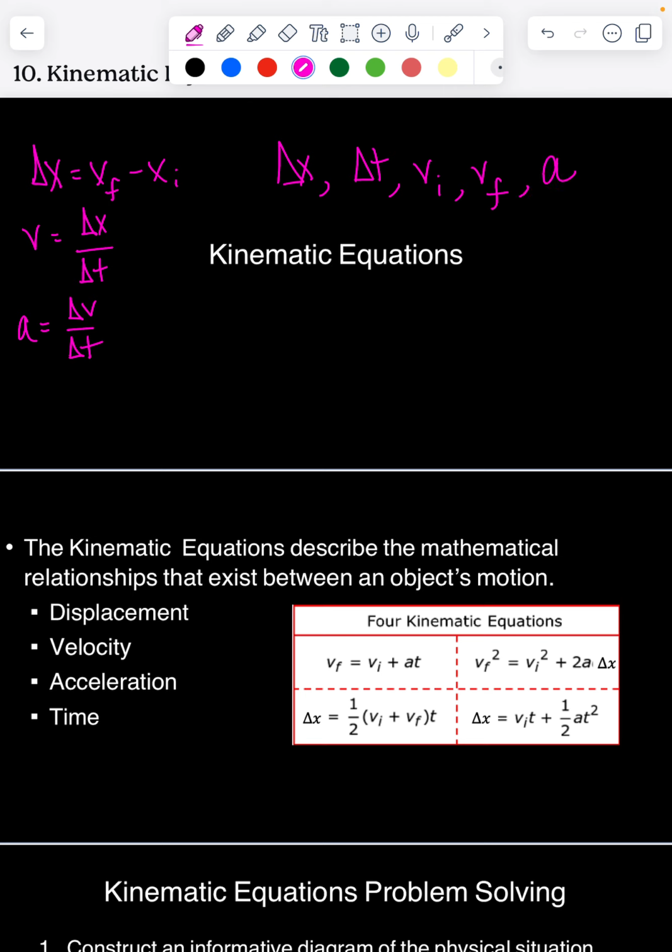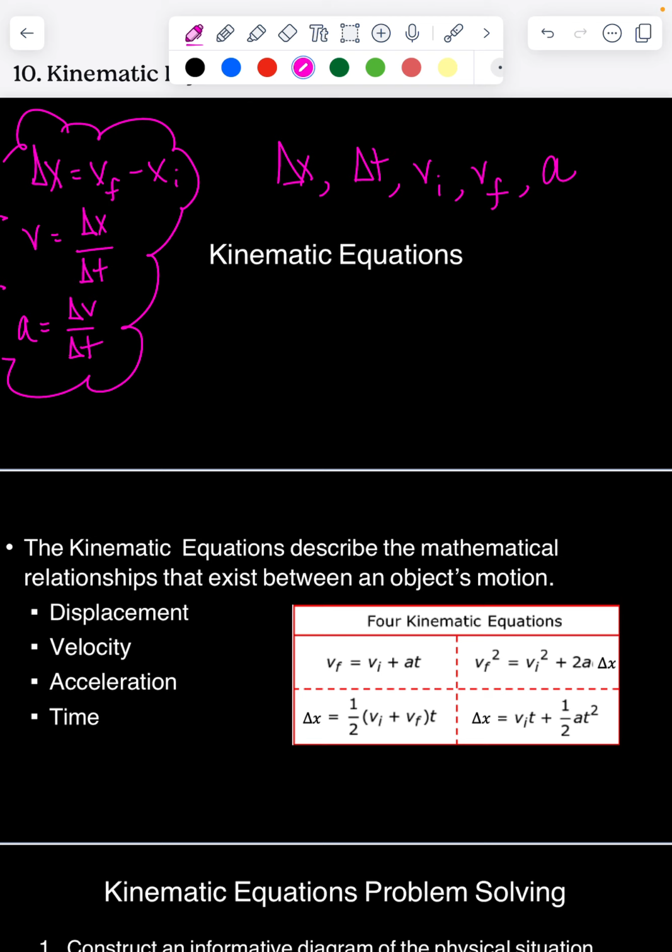What these three original equations don't do is show us a lot of relationships outside of the equations that are just used to figure those out.